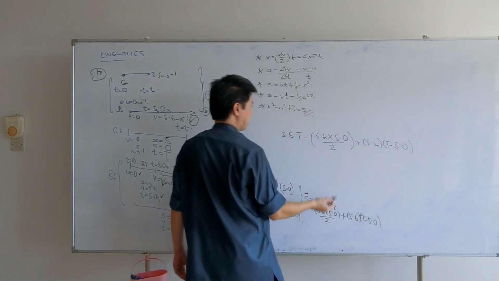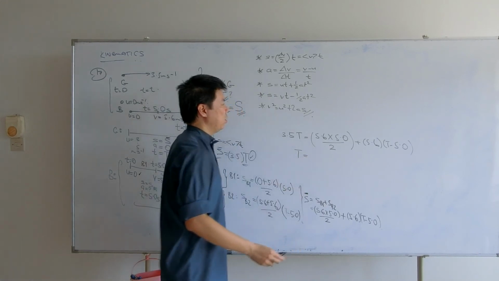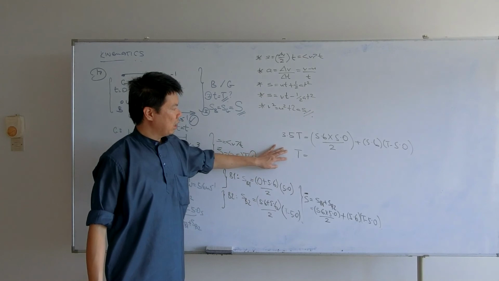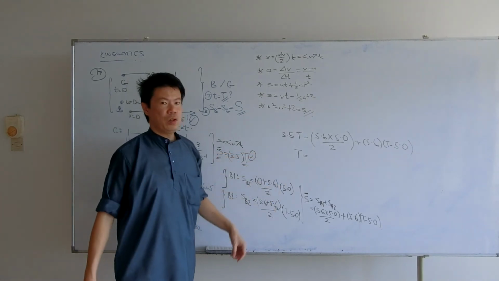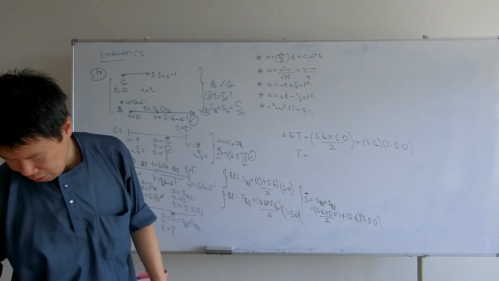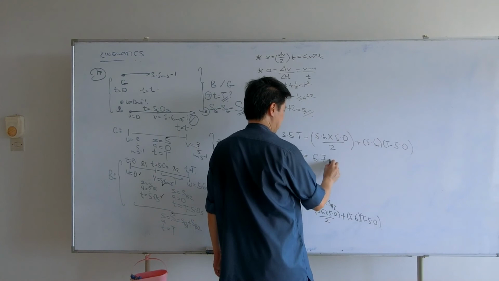The rest is maths. So make T the subject and hopefully you get the answer. Calculate it with me, or you can pause this video for a moment. And once you pause the video, hopefully you get the number you need to find, which in this case will be 6.7.